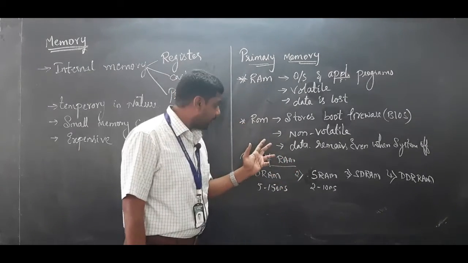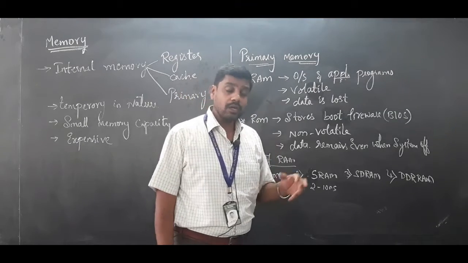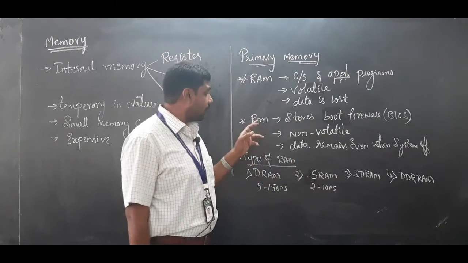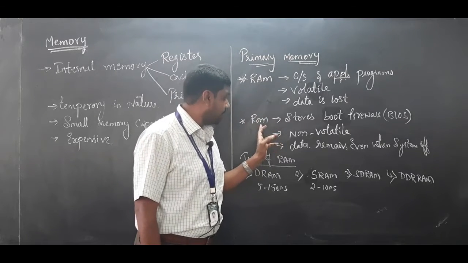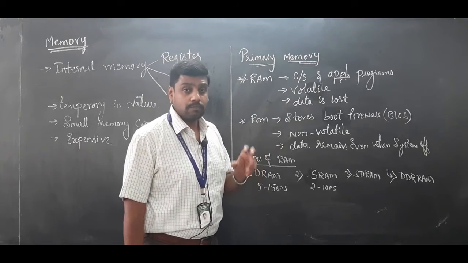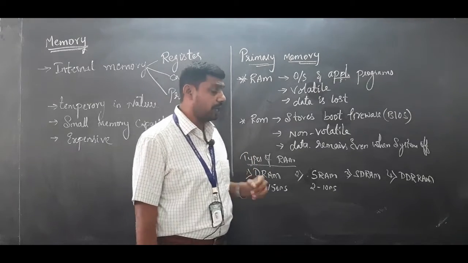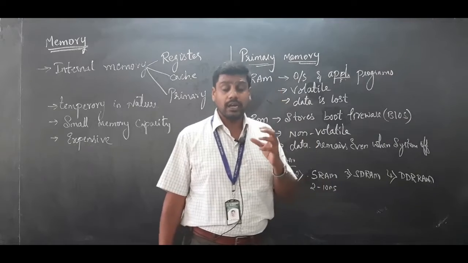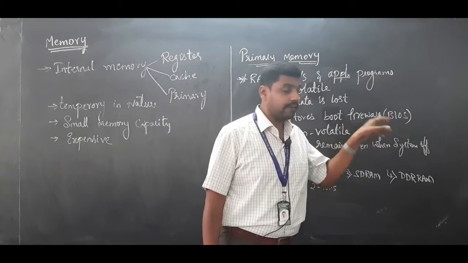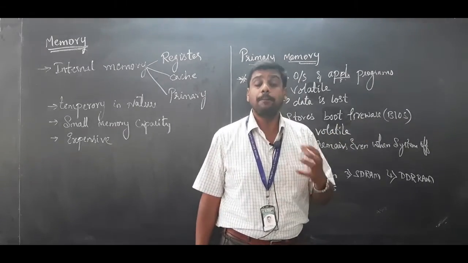The second type of primary memory is ROM. What is this ROM? ROM stands for Read Only Memory, which stores the programs related to the boot firmware, which is nothing but the BIOS.